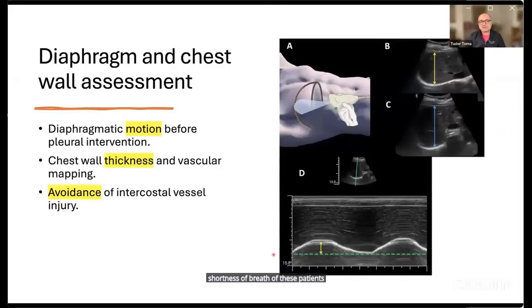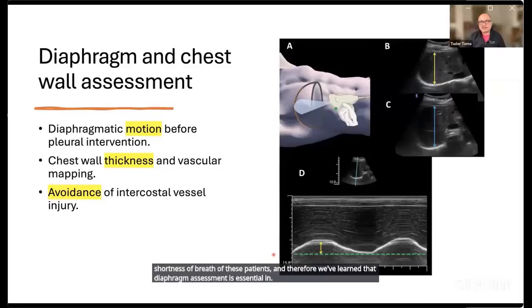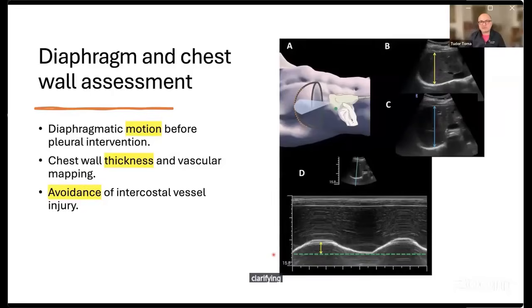And therefore, we've learned that diaphragm assessment is essential in clarifying whether the drainage is urgent or not, whether it's required or not, whether there is other pathology behind the appearance of the X-ray, which explains the whiteout appearance.